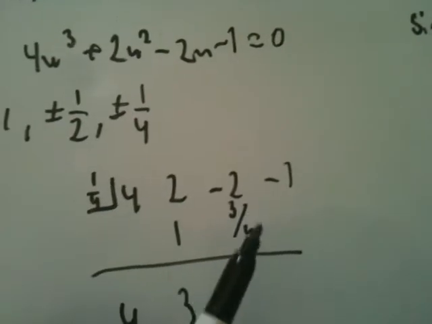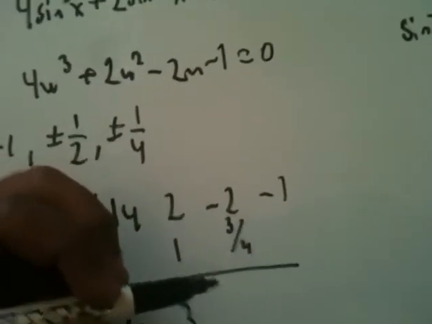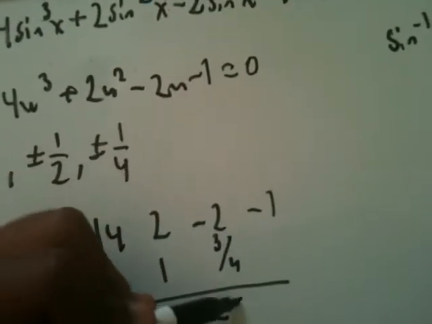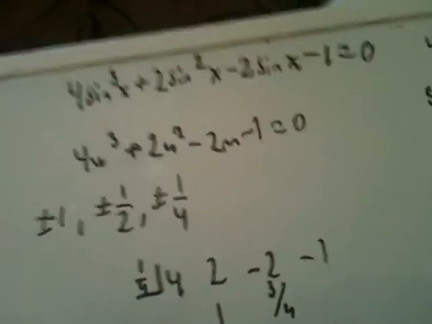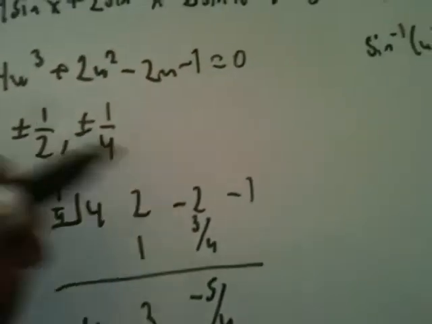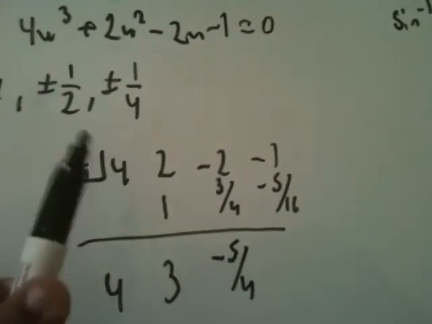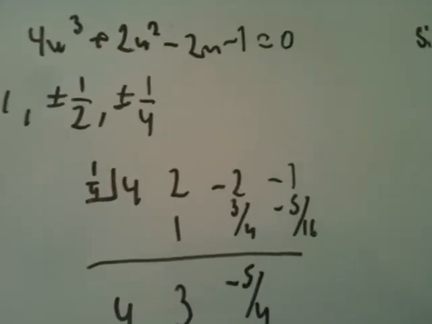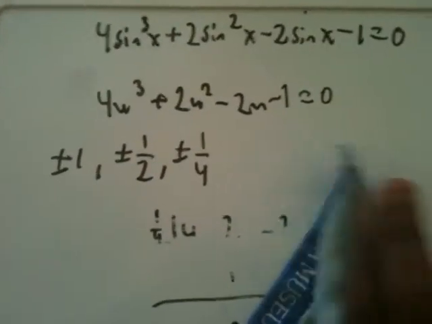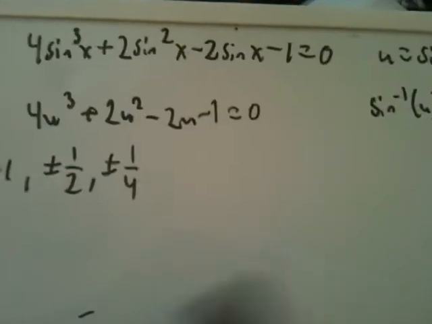Minus 2 plus 3/4, that's going to be minus 1 1/4, or minus 5/4. And minus 5/4 times 1/4 is minus 5/16. We can already tell we didn't get 0 here, so 1/4 isn't a root. So let's erase that. 1/4 isn't a root.